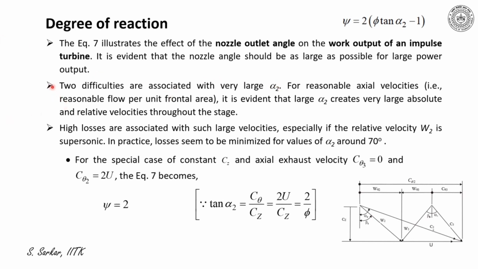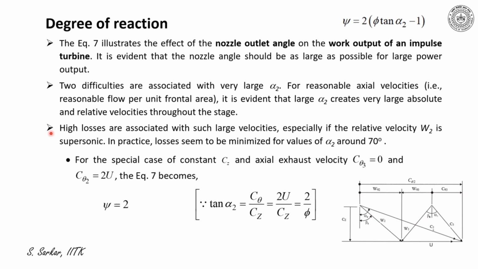For reasonable axial velocities, that is, the reasonable flow per unit frontal area, it is evident that large alpha 2 creates very large absolute velocity and thus large relative velocities throughout the stage. Now, high losses are associated with such large velocities, particularly if the relative velocity W2 is supersonic.